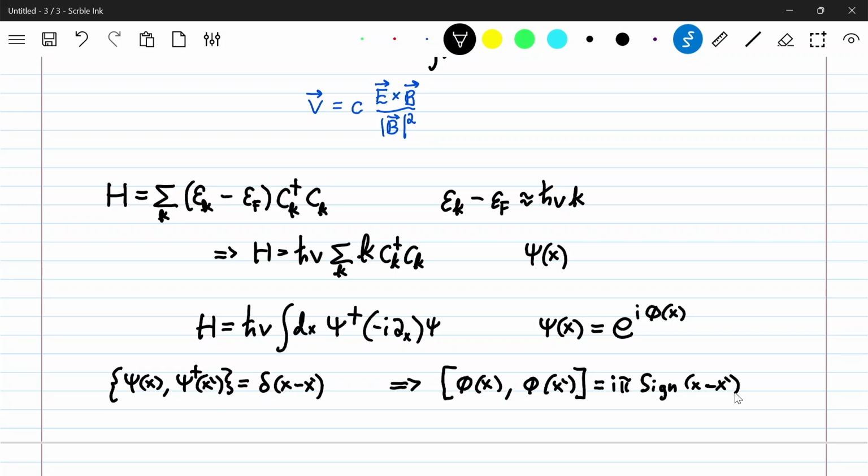Okay? The sign is either plus or minus depending on whether x is bigger or smaller than x prime. So this is a very non-local field. Okay, it's a field that does not commute with itself at any other point in space. Okay. If you have a circular boundary, how do you think of this?